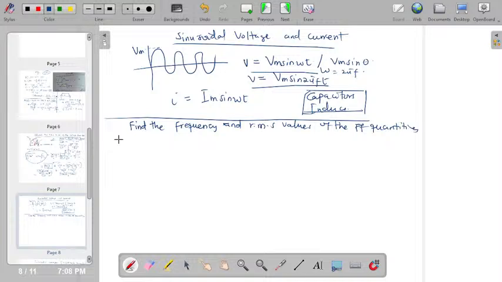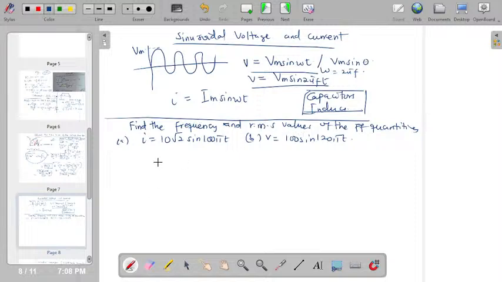I have the first one, A, giving us I is equal to 10 root 2 sine 100 pi t. I have B, V is equal to 100 sine 120 pi t. We have to find the frequency and the RMS value for these quantities.